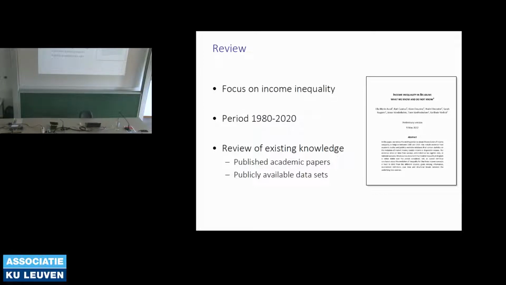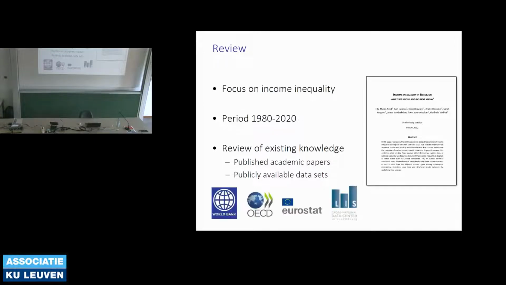And our focus was on papers that are actually published, academic papers that have gone through some peer review, and then also we wanted to focus on some data sets which are easily available to the public. So for instance, the World Bank has the famous PovcalNet database, from which you can, with a couple of clicks, retrieve a trend of the Gini coefficient for Belgium.